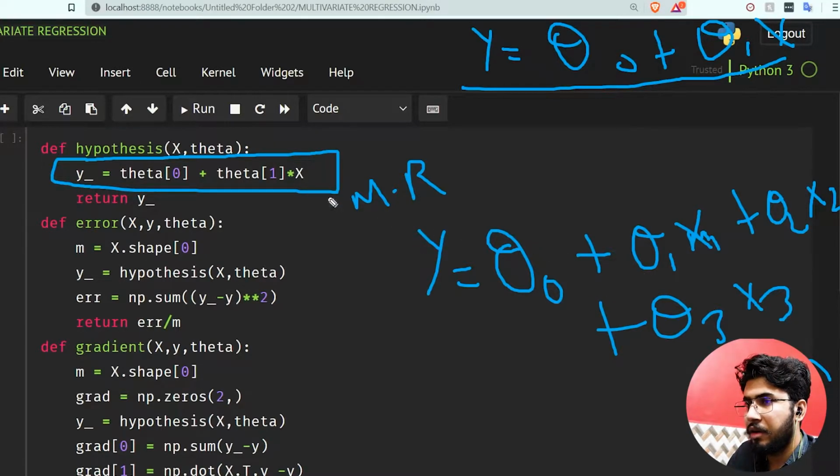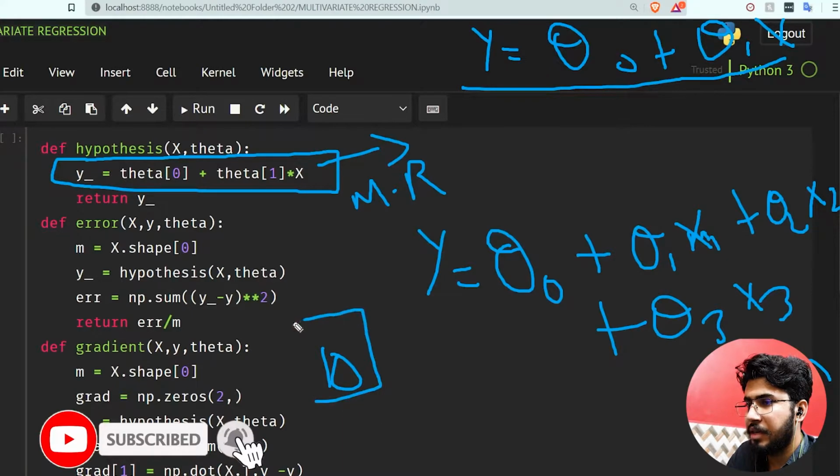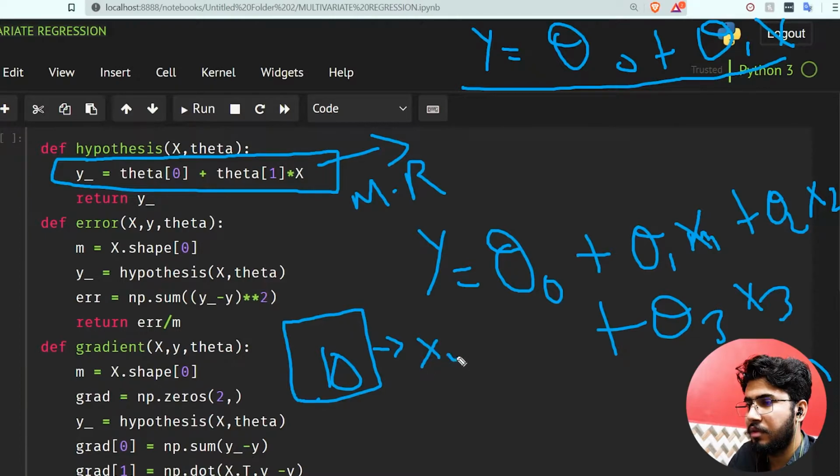So now if you see, we have a very hard coded line here, because if we have, let's suppose, 10 attributes or 10 inputs to predict our output, so let's take x0 to x9, this line is not going to work. We cannot write it for every situation, because it can have any number of attributes. So it is going to be better if we write a more generic line.